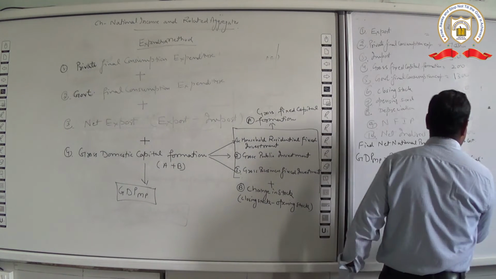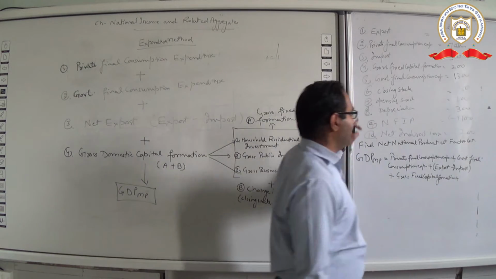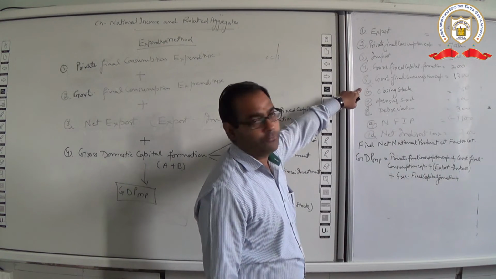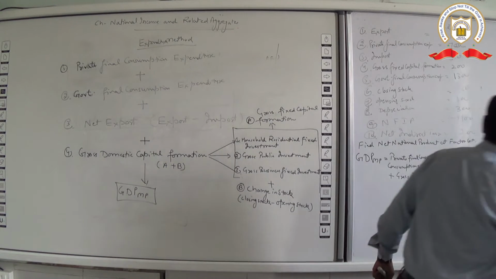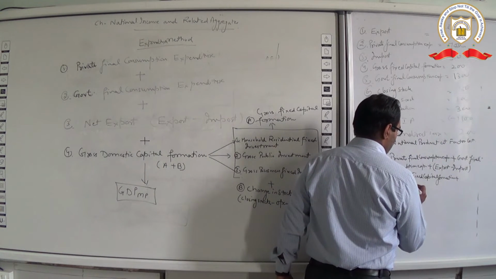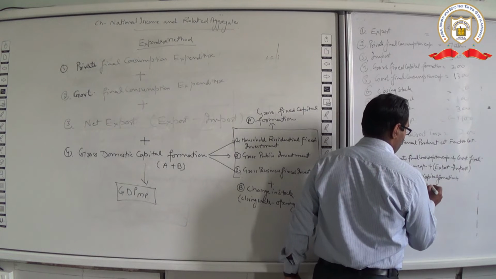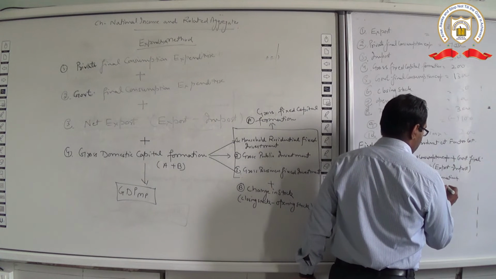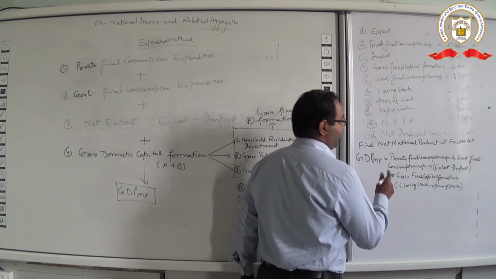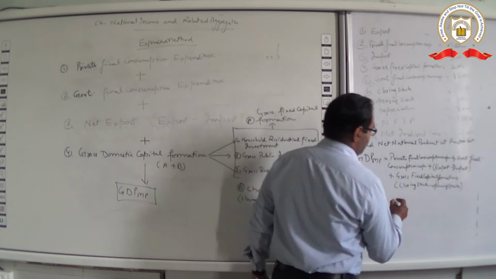Change in stock is not given, so we subtract the value of opening stock from closing stock. Write in bracket closing stock minus opening stock.